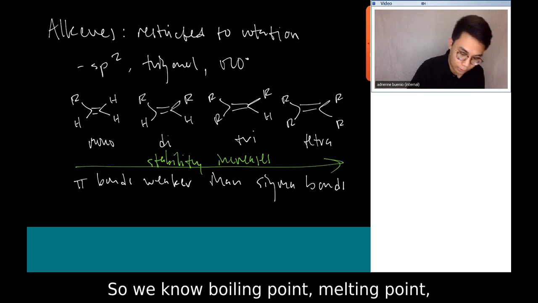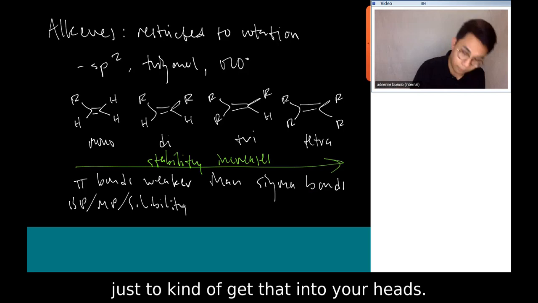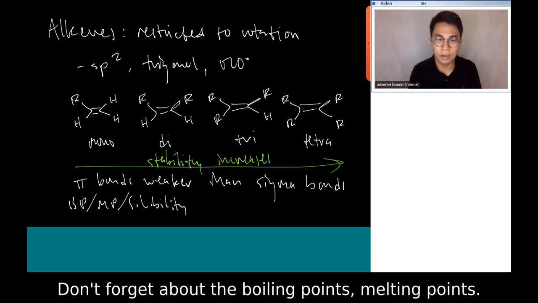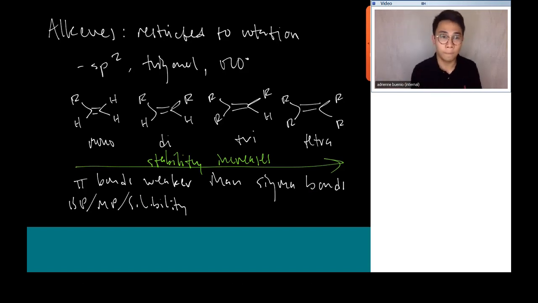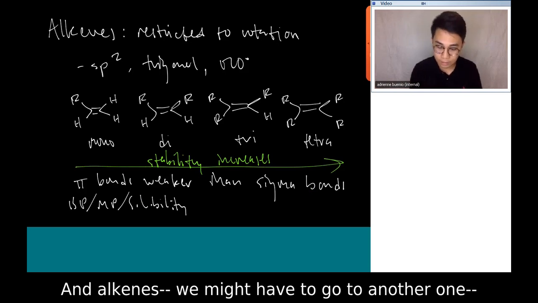So we know boiling point, melting point, solubility rules apply, just to kind of get that into your heads, right? Don't forget about the boiling points, melting points. Same applies: symmetry, surface area, things like that. Solubility, you know, alkenes, things like that.